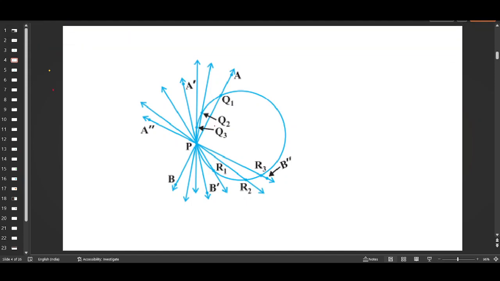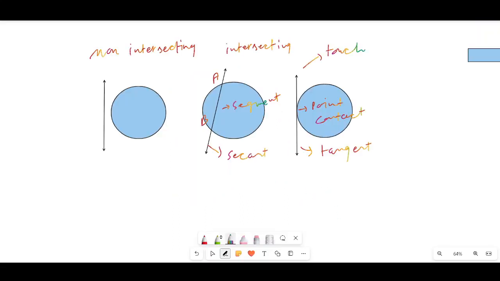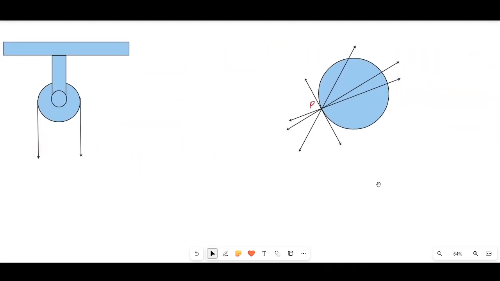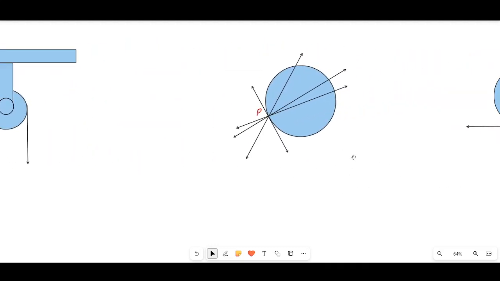Now look at this figure. What do you feel? A tangent to a circle is a line that intersects the circle at only one point. Clear? At only one point. Now look here.